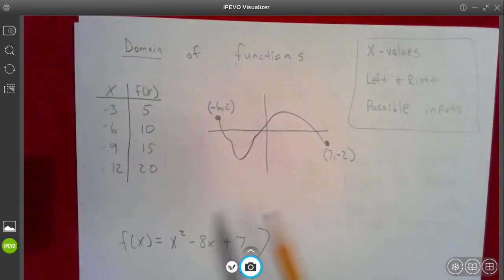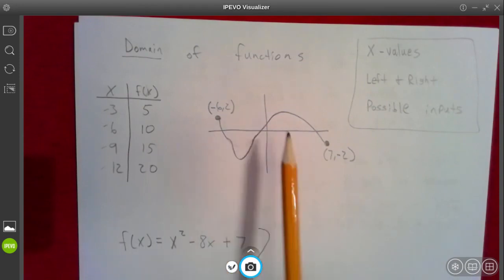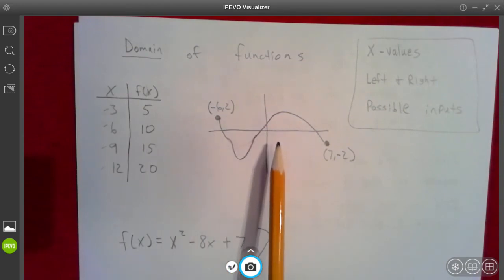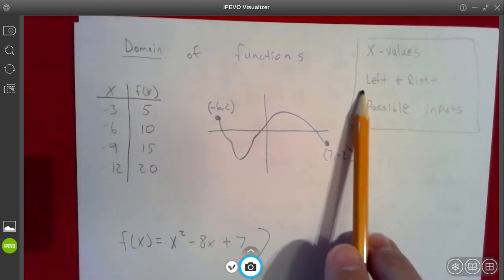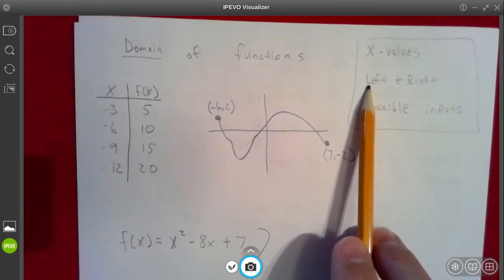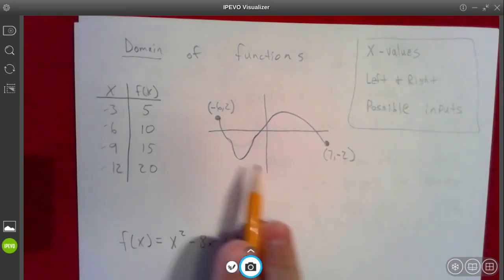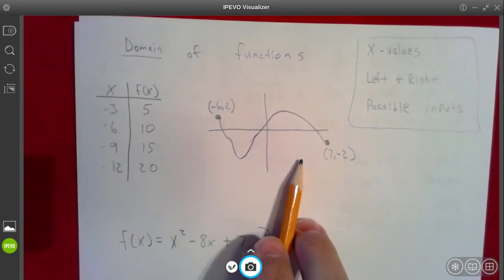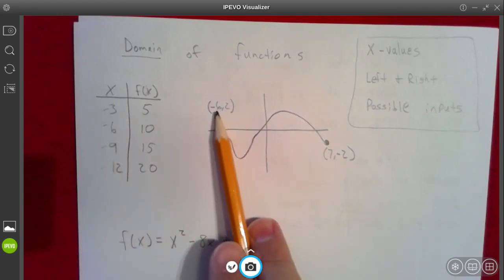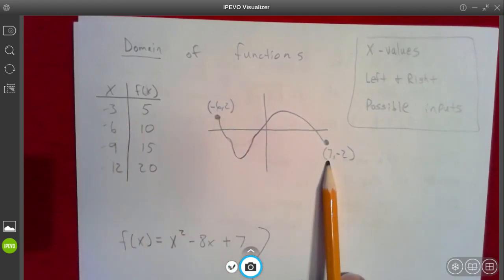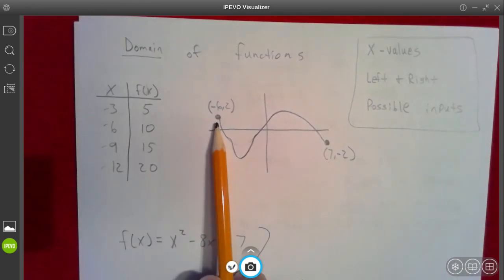But whenever you're given the graph of a function, you can think of the domain as the list of x values again, but think of it as how far to the left and the right that the graph goes. So for this function, the domain is not just four numbers, it's not just two numbers like -6 and 7, but it's all the numbers that the function takes on.